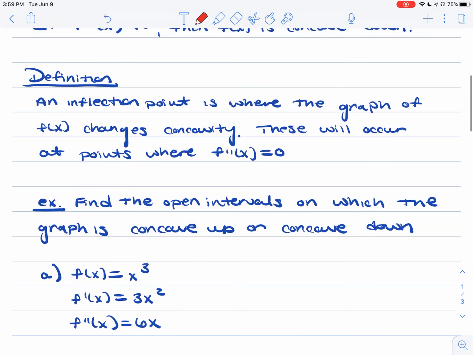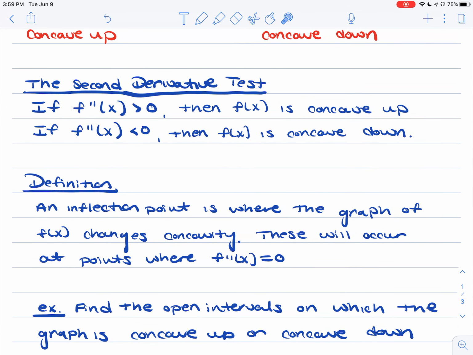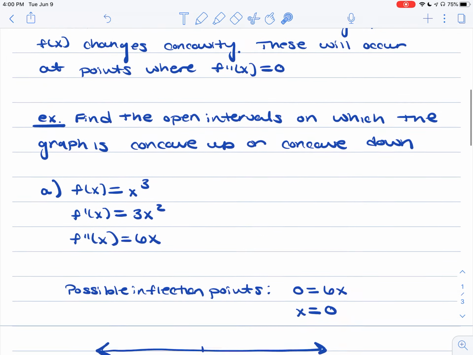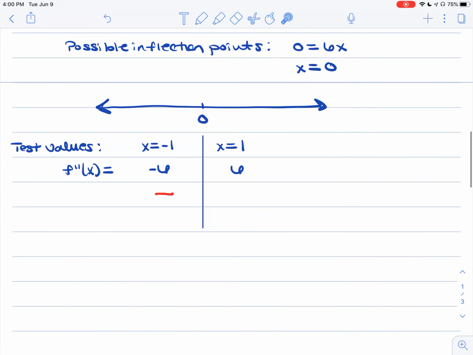And according to our second derivative test back up here, if the second derivative is negative, then f of x is concave down. So on this interval, our function will be concave down, right?